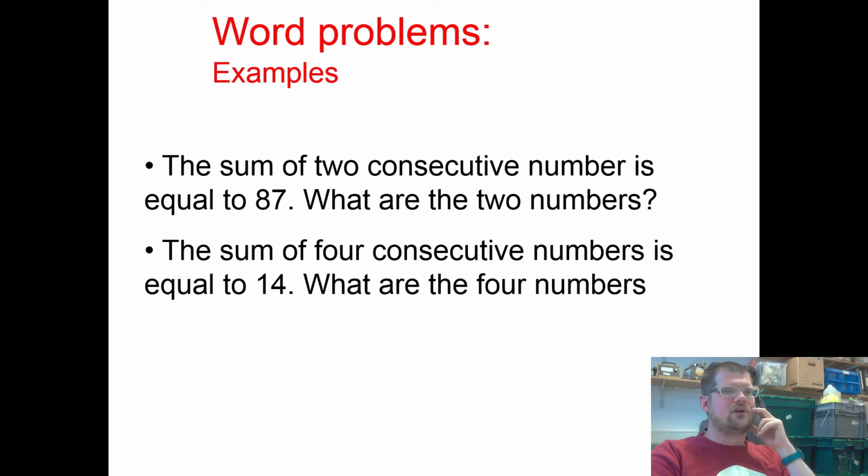Okay, so the 4 consecutive numbers equal to 14. Same process, go through there. We could go through and say we've got 4 numbers, A, B, C and D. In this case they're consecutive numbers, so B would be A plus 1, and then C is A plus 2 and D is A plus 3.